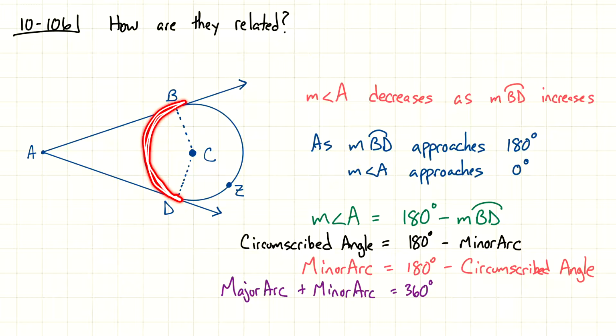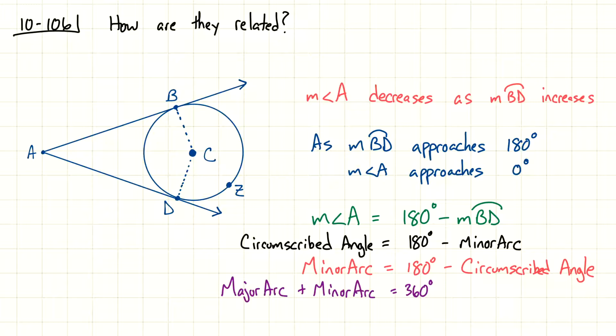We can actually see more of the planet. If we move this point A closer, then we end up with less visibility, so the arc ends up being smaller. So as angle A gets smaller, arc BD gets bigger.